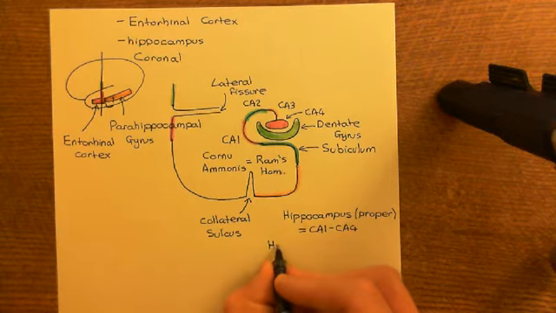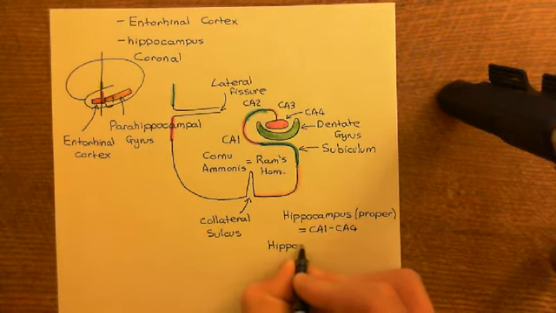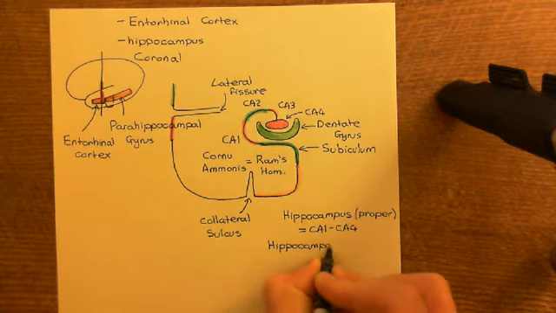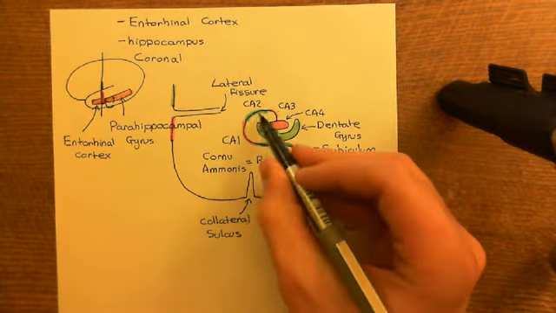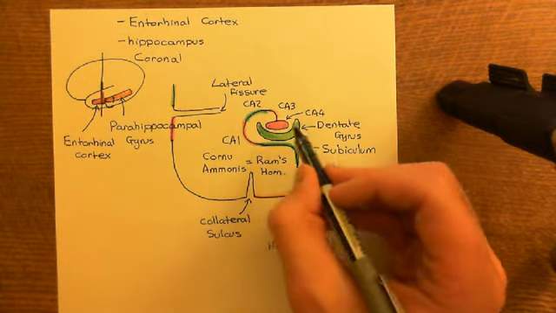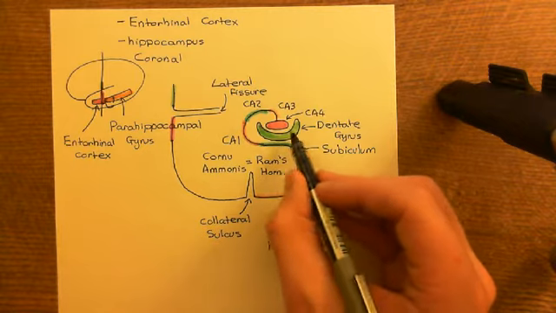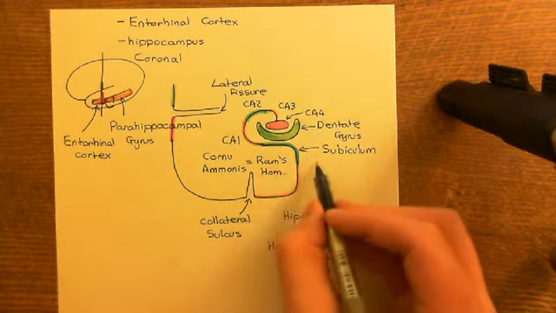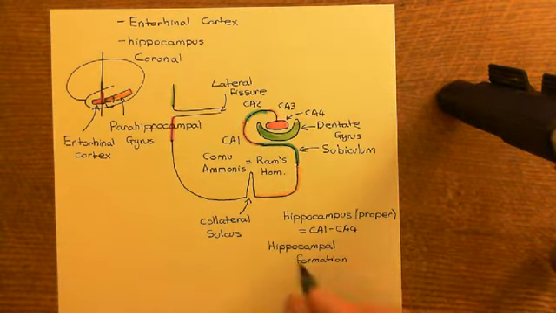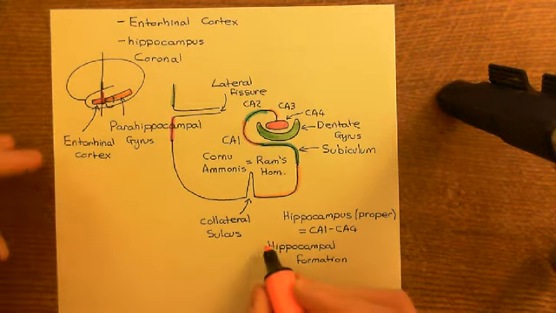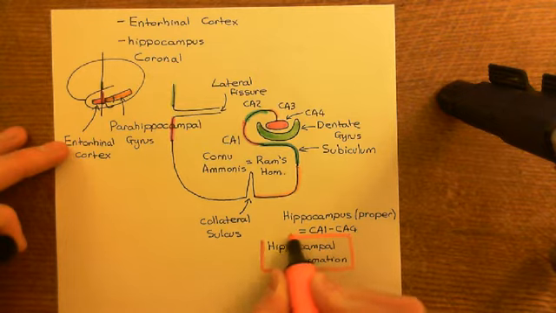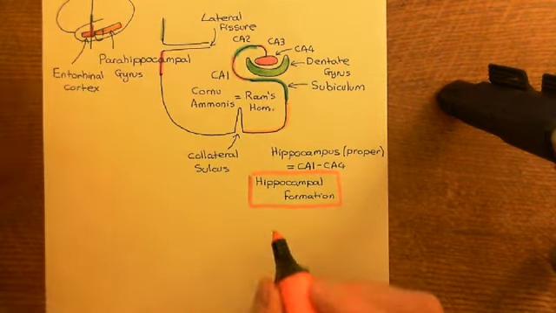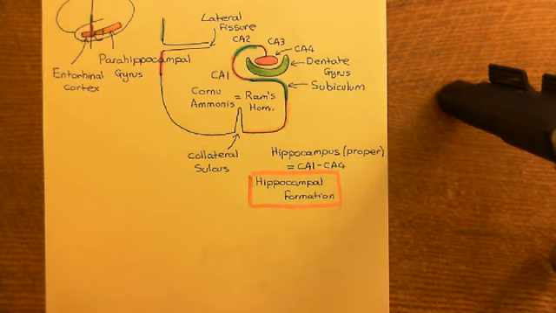So now to do the strict nomenclature. The hippocampal formation is the hippocampus proper, CA1, CA2, CA3, CA4, plus the subiculum and the dentate gyrus. All of those portions are what should strictly be called the hippocampal formation, rather than just the hippocampus.